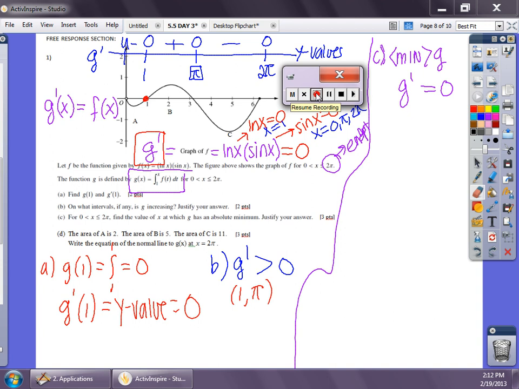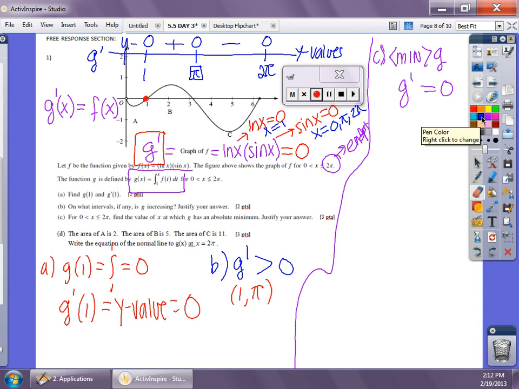All right, so minimum of g means I'm going to need g prime equal to 0. We actually already did that a second ago in part B. So g prime equals 0 when x is equal to 1, pi, and 2 pi.